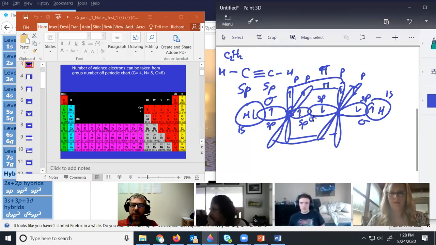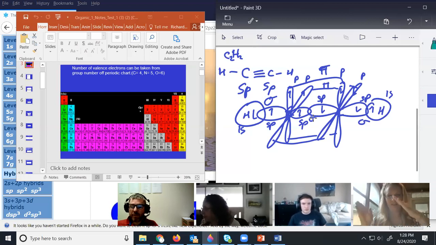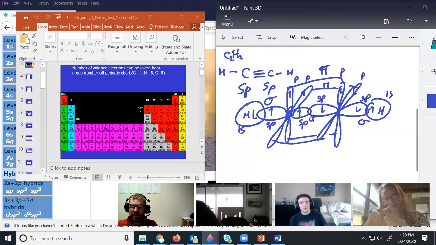Any other questions? Where the p orbitals are connected, the two that are up and down are connected, and then the two that are angled. Yes. So there's a little bit of a cross, right? Yeah, unfortunately, yes, because it's kind of three-dimensional. It's hard to see on your drawing.